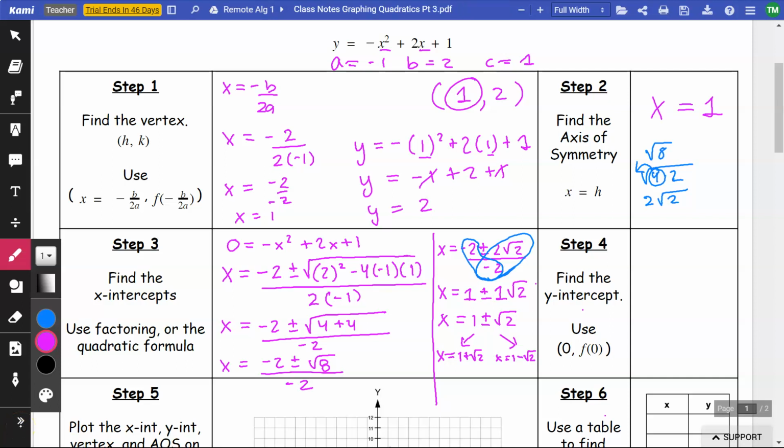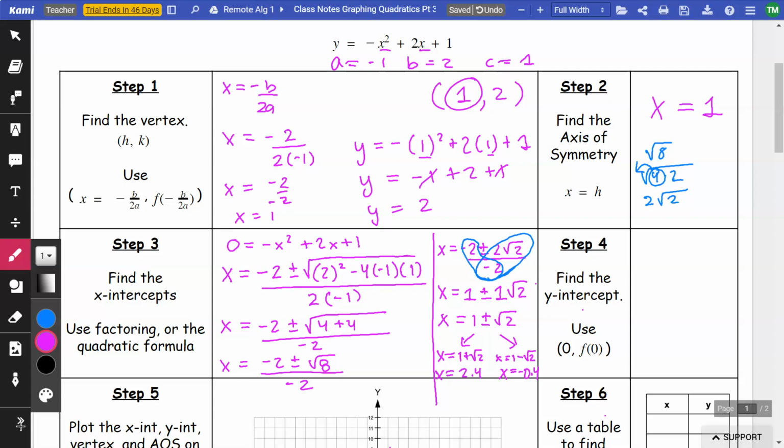Square root of 2 plus 1 is x equals 2.4. And 1 minus the square root of 2 is negative 0.4.